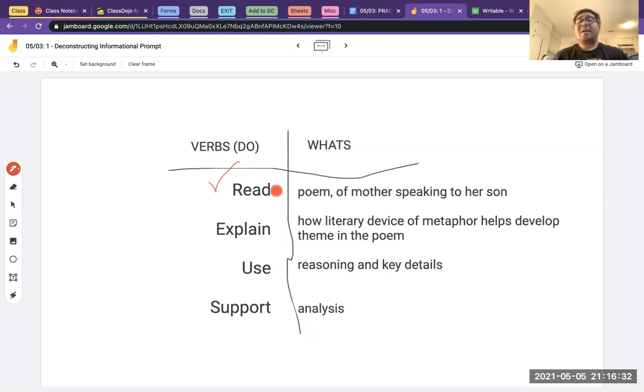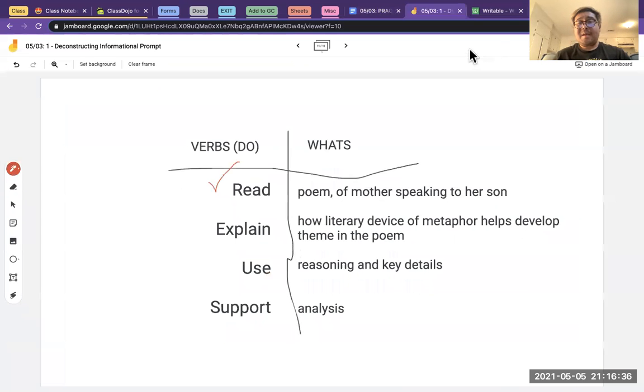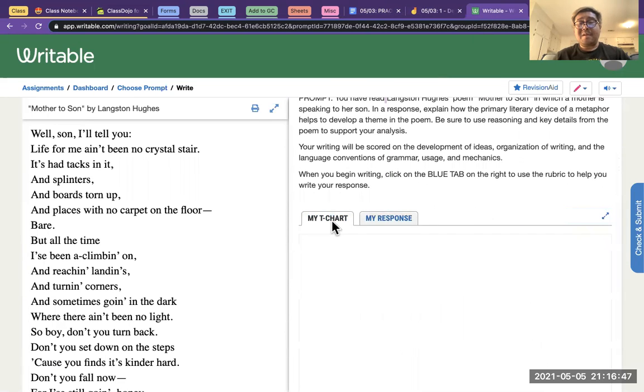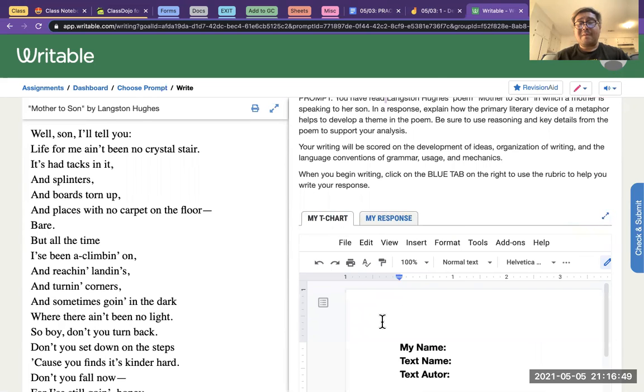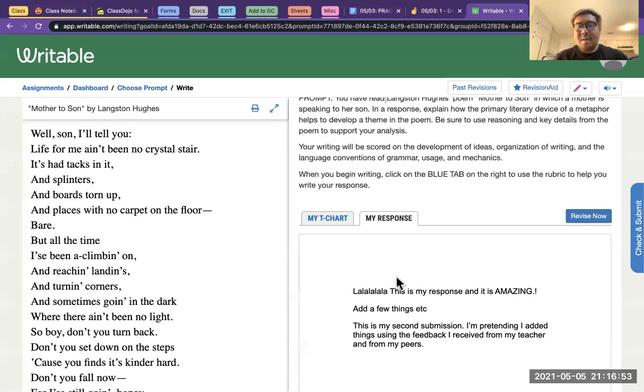Okay, let's pretend that we just read the text, and now we're going to write our response using the T-chart. So here it is. Again, you can put the T-chart here, but I really do recommend practicing it on a piece of paper. So now we've read the text and we think we understand it.